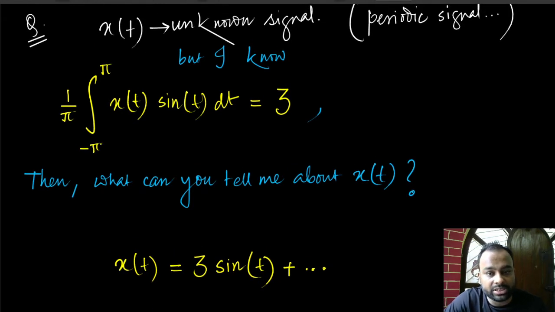If I see the result is 3, then I can say that xt has a sinusoidal component of frequency 1 radian per second, right? So xt must have a component like this. It might have something else, I don't really know.